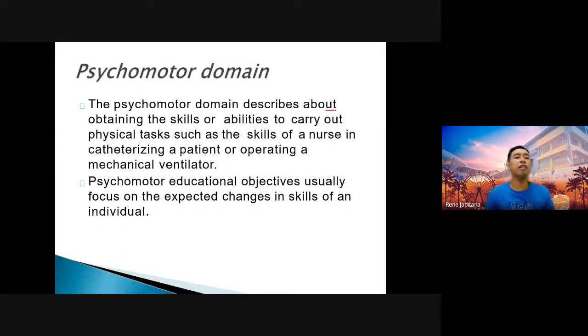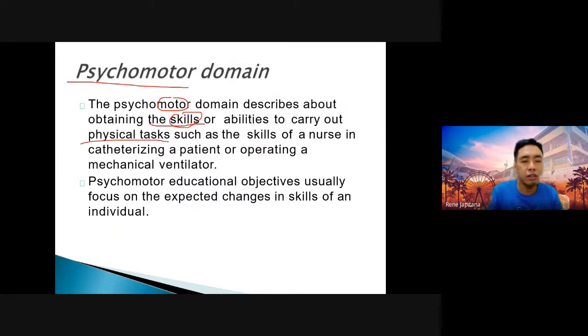The last domain is psychomotor. From the word psychomotor, when you say motor, it's an action, describing obtaining the skills. So when I talk about psychomotor domain, it really involves the skills, abilities to carry out physical tasks, for example, to draw, illustrate.